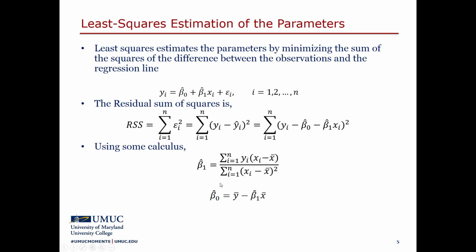So the beta 1 term is the sum of the individual responses times the difference between the x value of the i-th observation and the sample mean for x, summed over all the observations, divided by the total sum of squares for the regressor: the observed xi values minus the sample mean of the explanatory variable, squared and summed over.